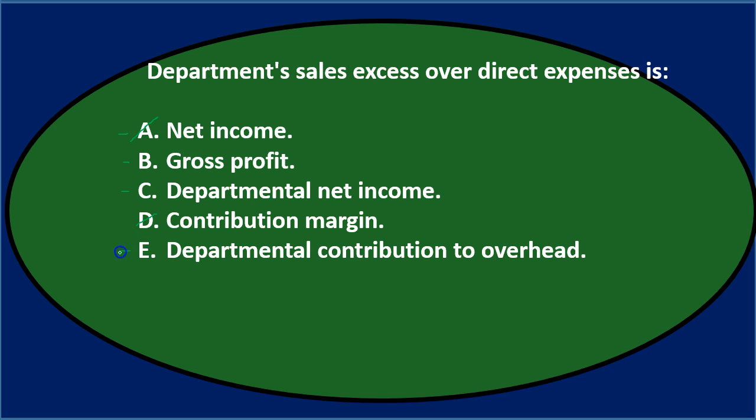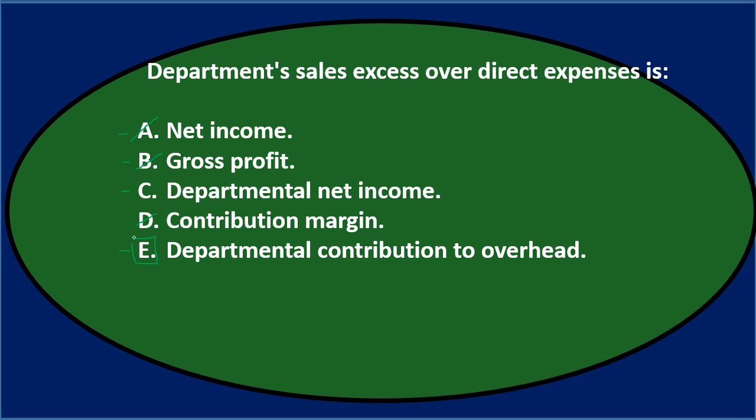And that sounds like it could be the one as well. So let's go through it again. Department's sales excess over direct expenses is the gross profit, the departmental net income, or the departmental contribution to overhead. And of those, gross profit is a financial accounting term, so I'll eliminate that. And between C and E, it's going to be E here.